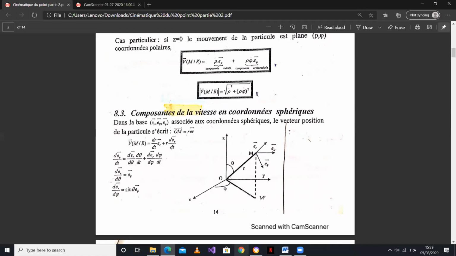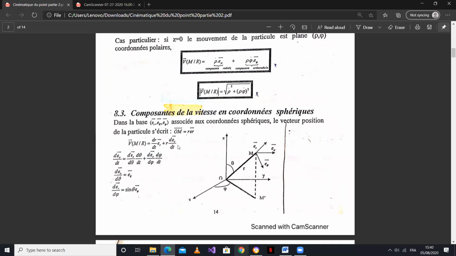We do not really have an expression for R, but it's just telling you that it can be anything there, okay? So when we derive it, we just write R point to show you that you have derived the distance between O and M, that it's the first derivative. So when we derive dR par rapport au temps, we just write R point ER plus R. Now we'll be deriving dER over dt, okay? We're going to derive it.